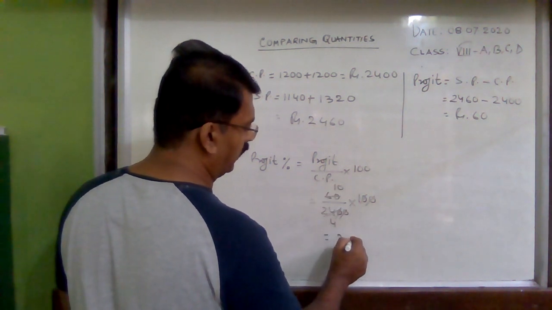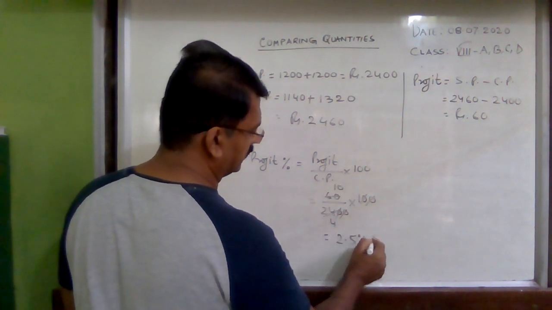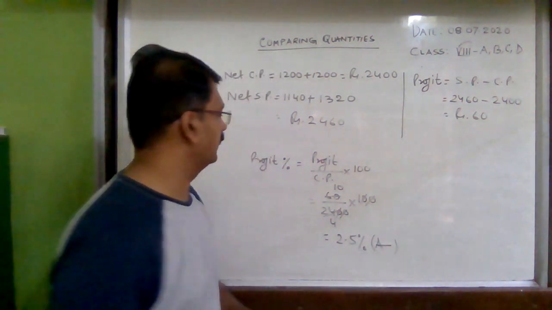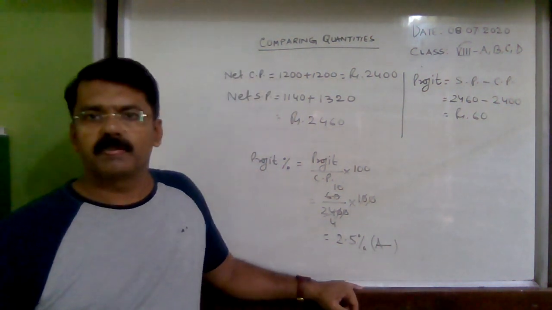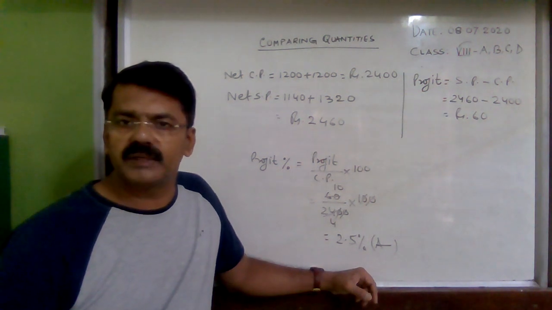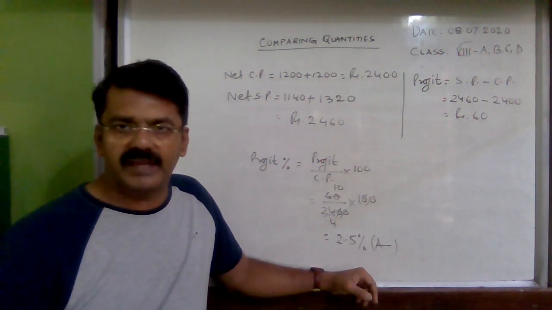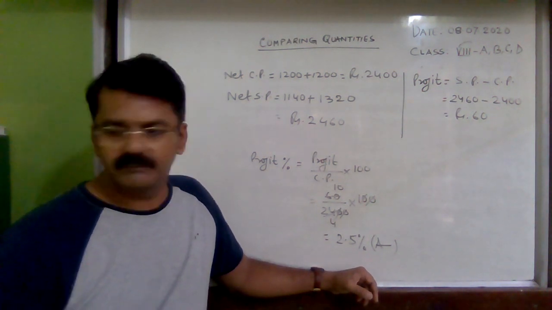So you can see 2.5%. So there is a profit of 2.5%. Clear? Meenu will get a profit of 2.5%. Clear?